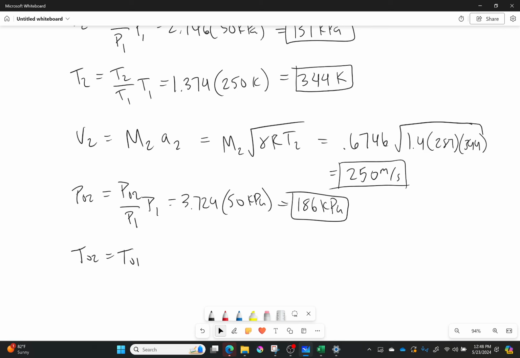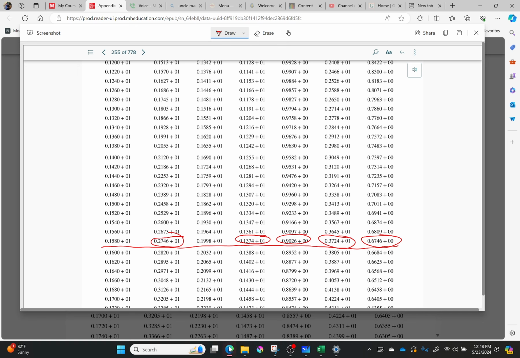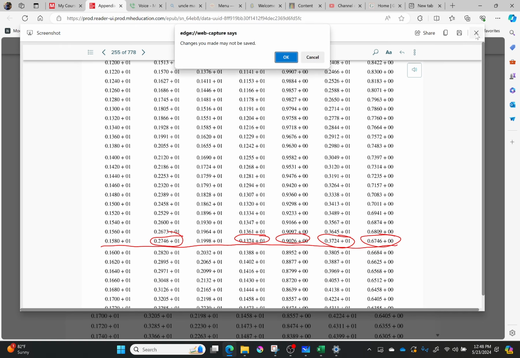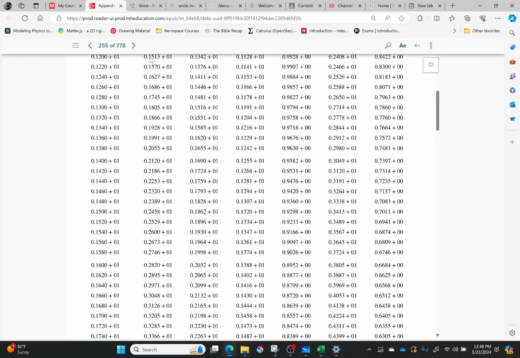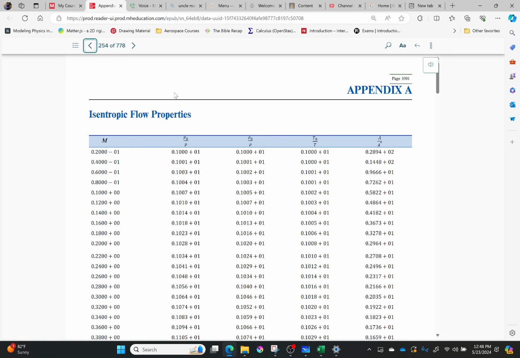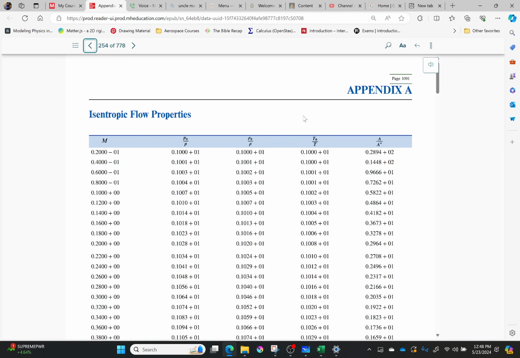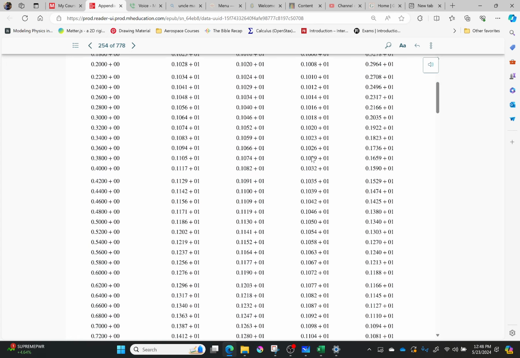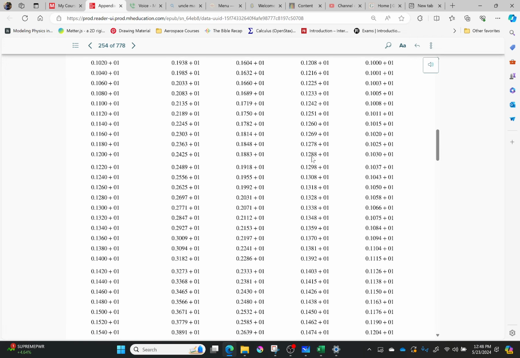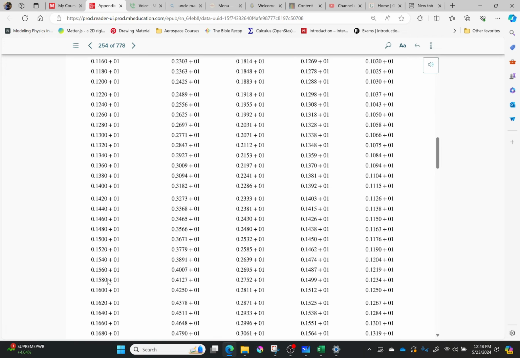Okay, so let's jump back to our tables one more time. I'm going to stop sharing this and jump back to here. Okay, so now I have the isentropic flow tables. I'm going to go down to 1.56. I need the value in the fourth column. Here we go, 1.58. Goodness, we want to say 1.56.